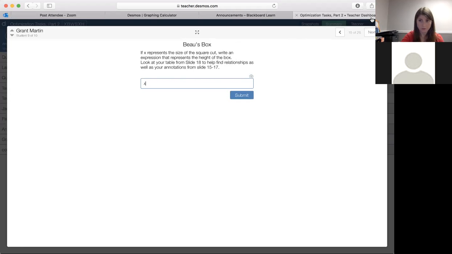Then what you're going to do is build your model. Volume is length times width times height. So in this particular case, you have your x. I mean, we can do it in order if we want. Length times width times height: 10 minus 2x, 8 minus 2x, and then x.